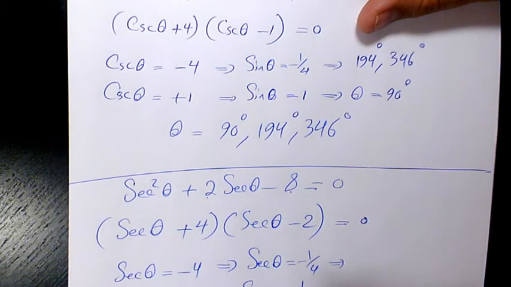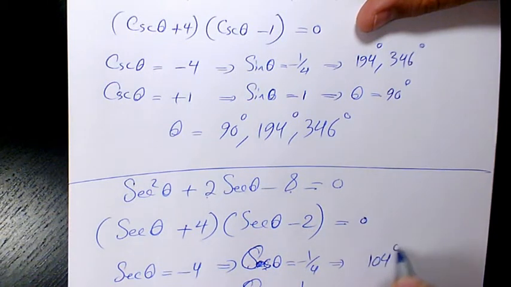So actually cosine, I meant cosine. So inverse of cosine, that's going to be 180 minus 76, 104 degrees. The other one is going to be 180 plus 76, which is going to be 256.